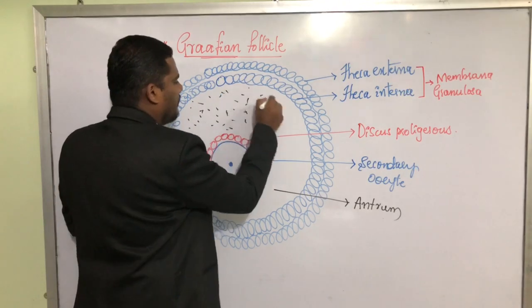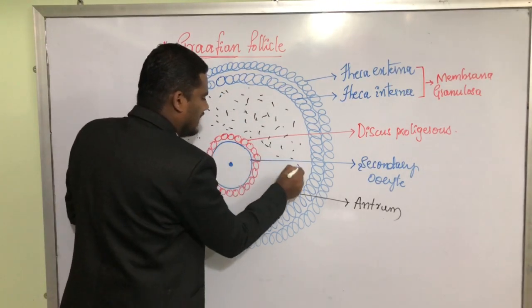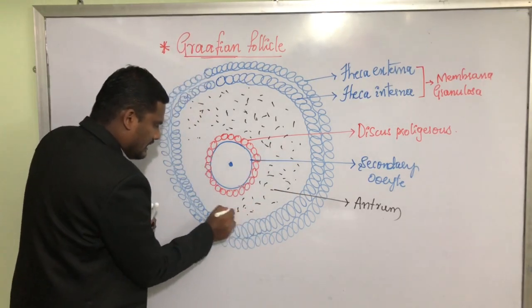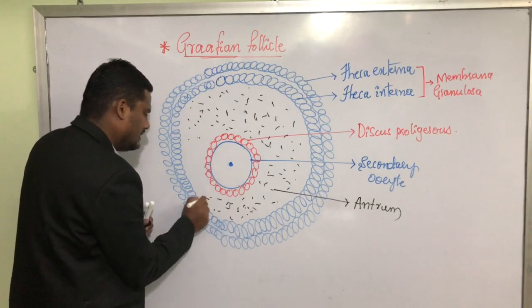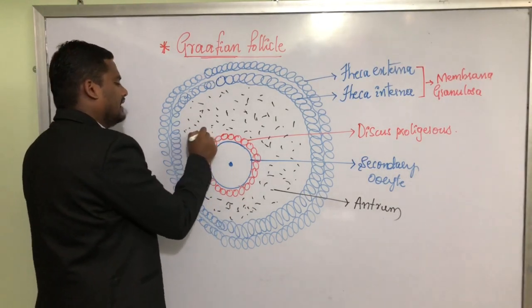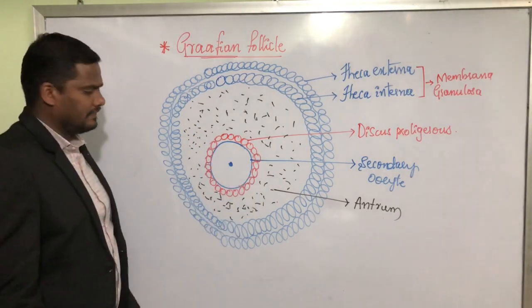Antrum is nothing but a fluid filled cavity, and inside this fluid filled cavity there is a secondary oocyte present.